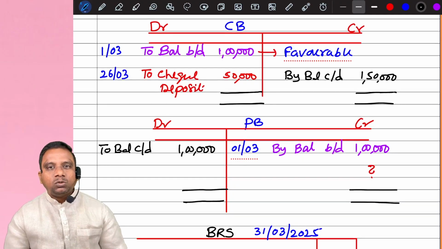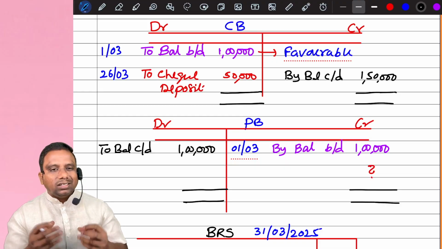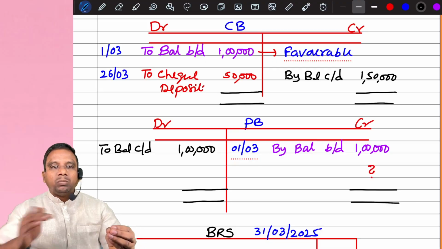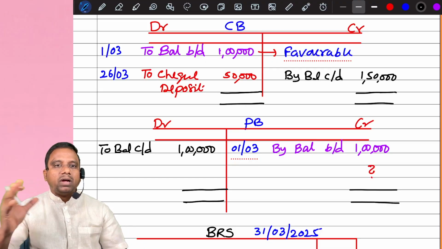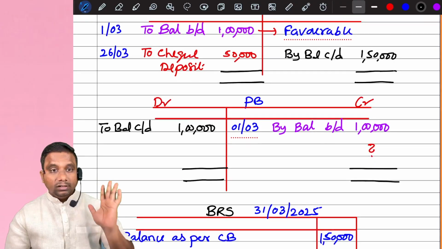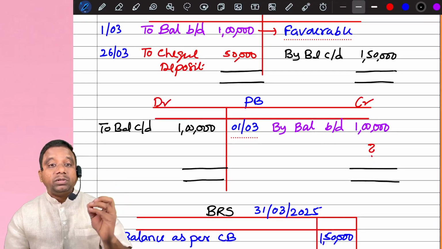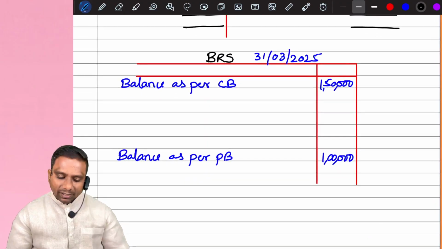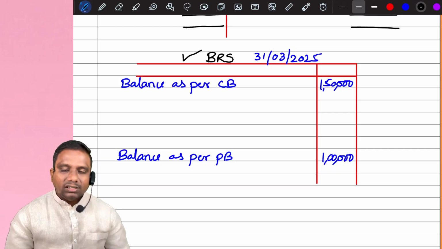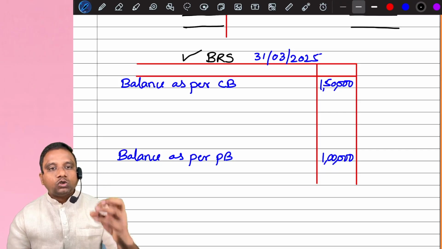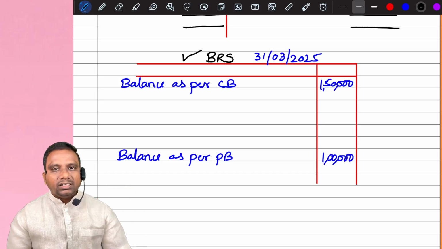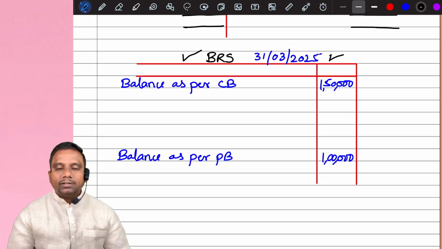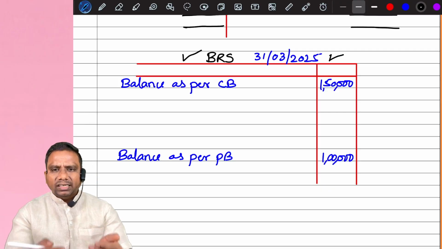Now observe cash book and passbook and tell me what is the reason. The reason is simple, sir. We deposited the check. The same check is recorded in the cash book, but the bank did not collect it. That's why the bank did not record the entry. Now how do we prepare BRS with this? First, the heading is important: Bank reconciliation statement of so and so business as on so and so date, meaning the BRS preparation date.